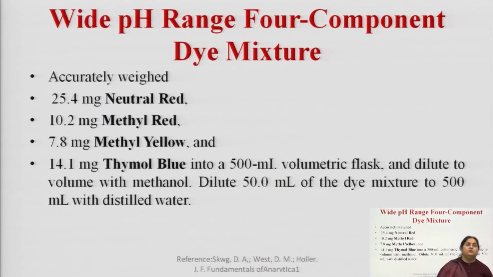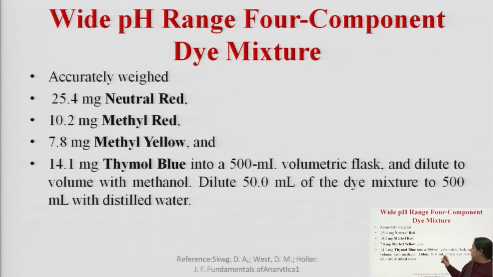If we want to make a wide pH range dye mixture, a 4 component dye mixture is recommended. You have to accurately weigh 25.4 milligrams neutral red, 10.2 milligrams methyl red, 7.8 milligrams methyl yellow, and 14.1 milligrams thymol blue into a 500 ml volumetric flask, and it is diluted with methanol.